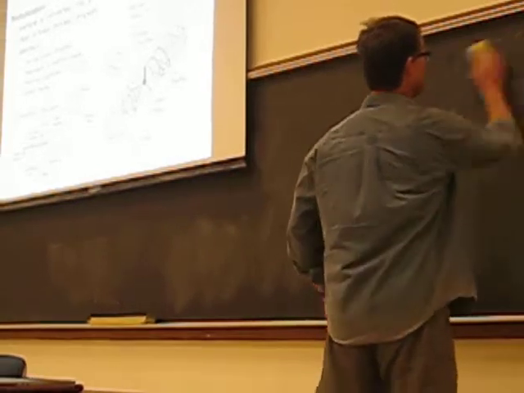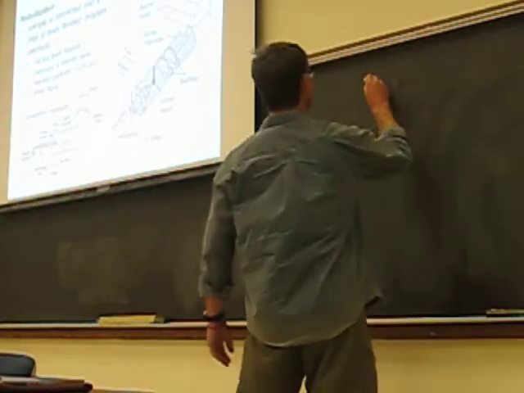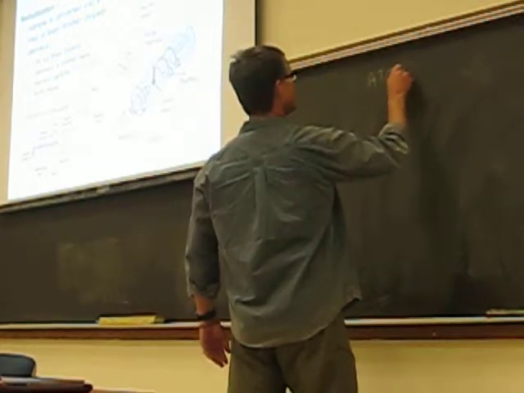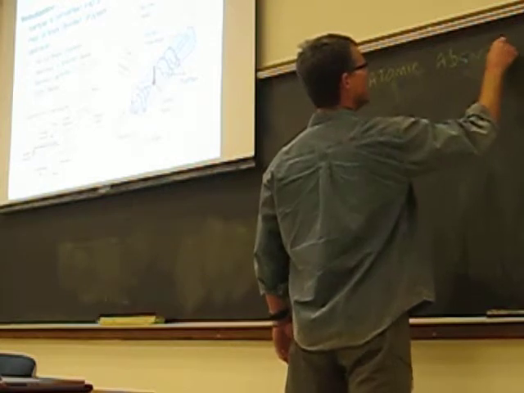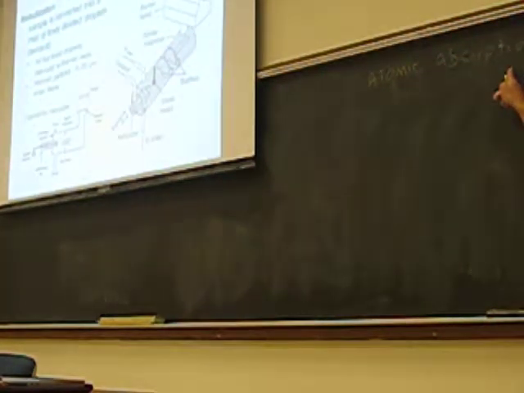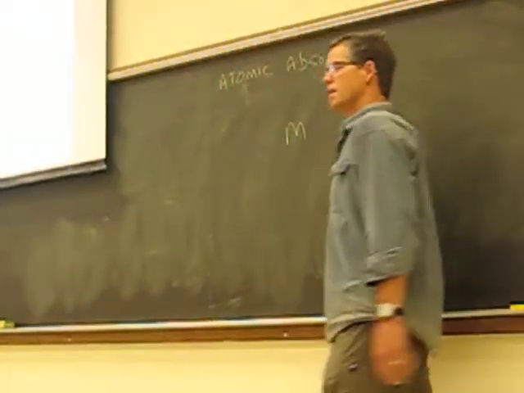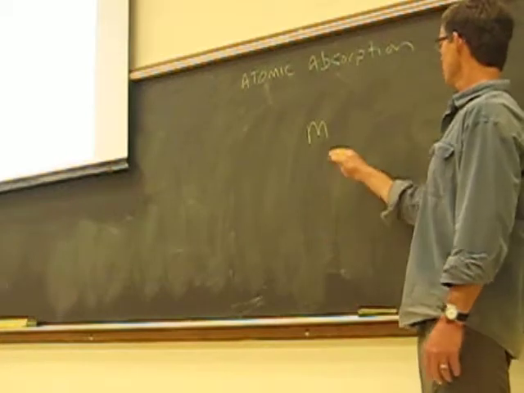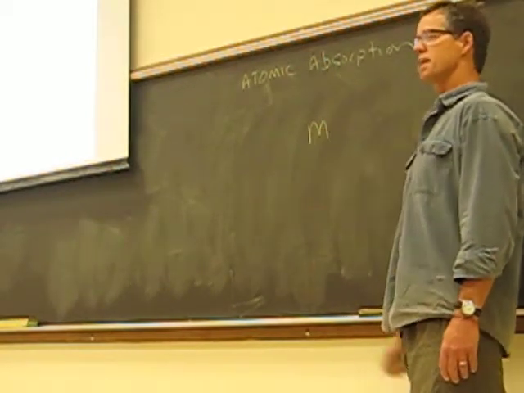I'm gonna get rid of this now. So, for this to occur, we're essentially measuring, say we'll take a metal, and for this to occur, what state does this metal have to be in?